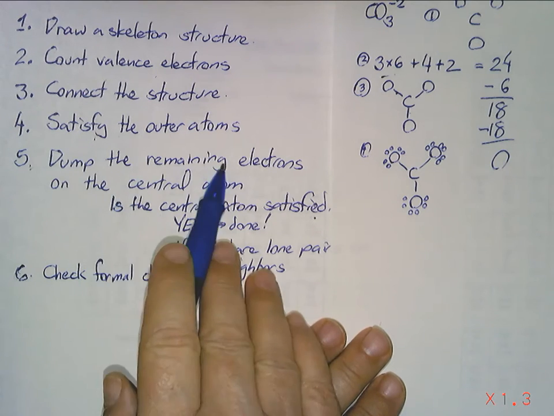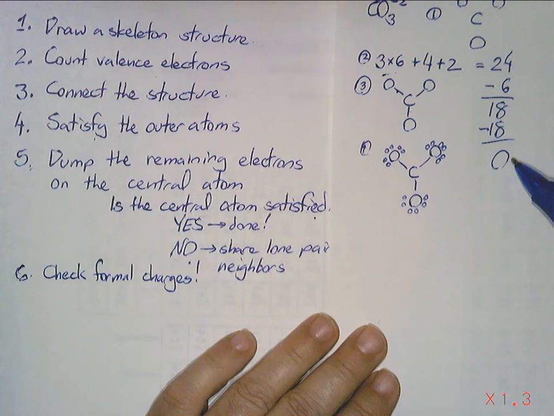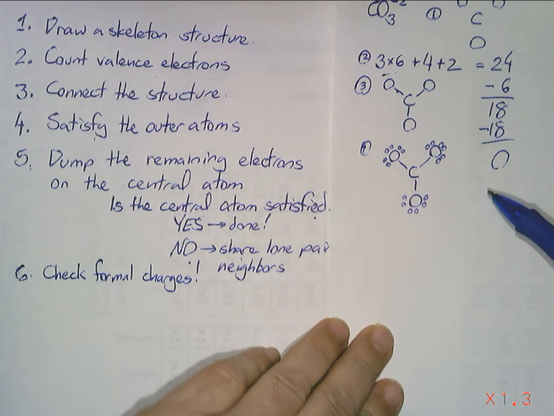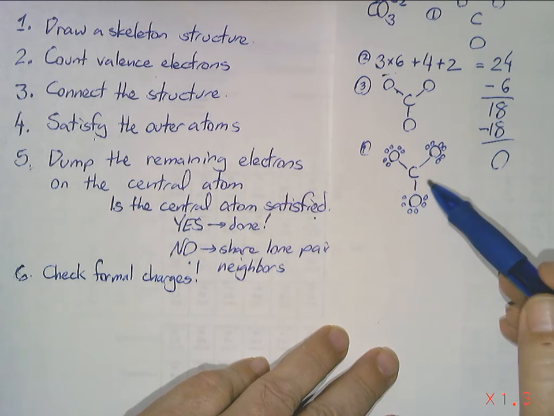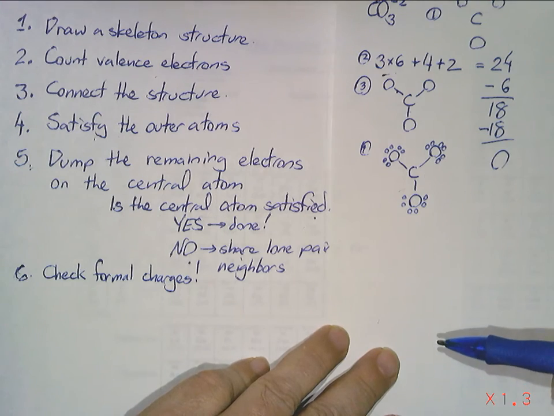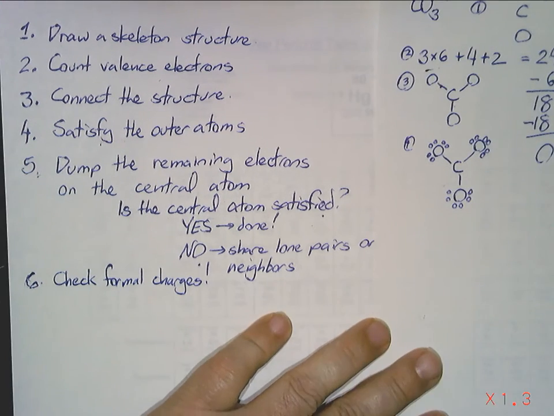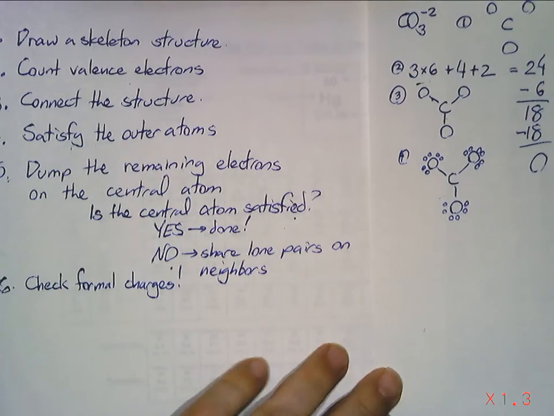Step 5, dump the remaining electrons on the central atom. Well, I don't have any remaining electrons, so I can't do that. Is the central atom satisfied? Well, no. It's got 6 electrons. It wants 8. It wants 2 more. So if it's not satisfied at this point, I have to share lone pairs with the neighbors.